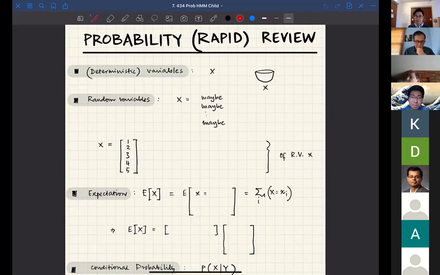Very good. Okay. So the way I think about probability is the following. You know, deterministic variables, no probability, just simple variables, right? When we write a program and we say x equals 5, I think that is a variable. X is a variable.